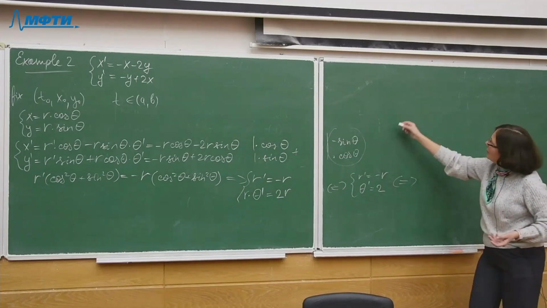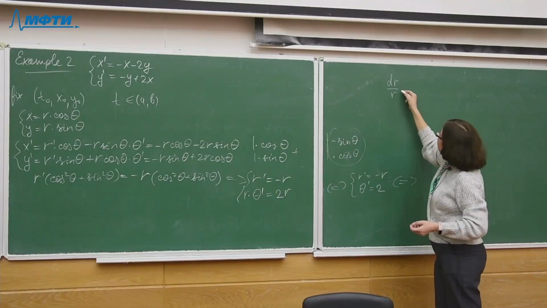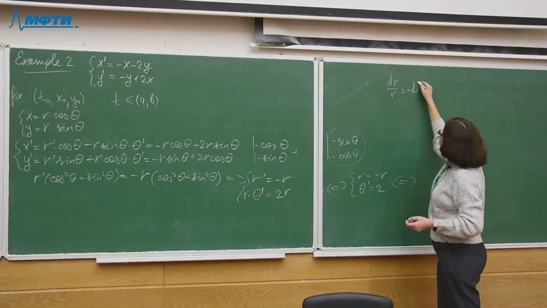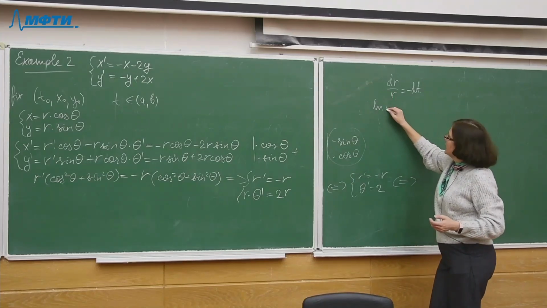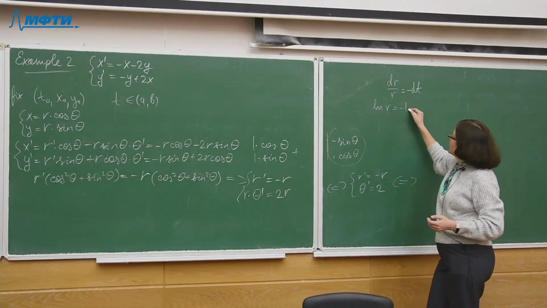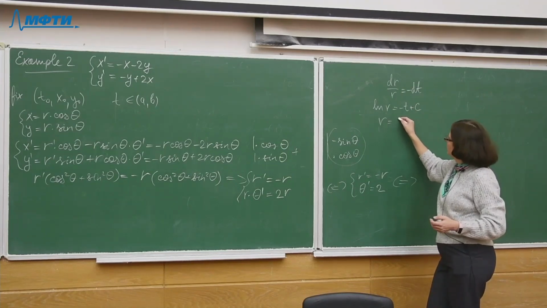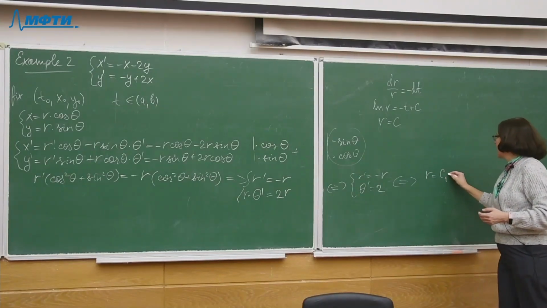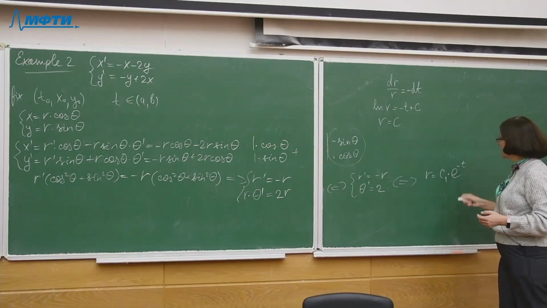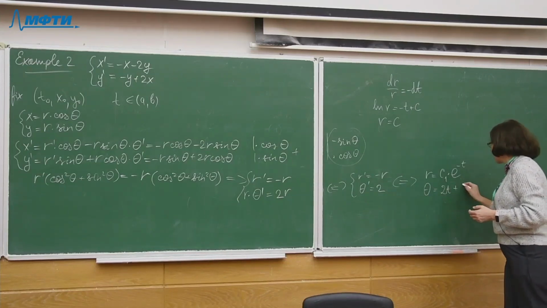So to solve the first, we will do the following: dr. We can separate variables. So ln r is minus t plus c. So r equals c1 times e to the power minus t, and theta equals 2t plus c2.